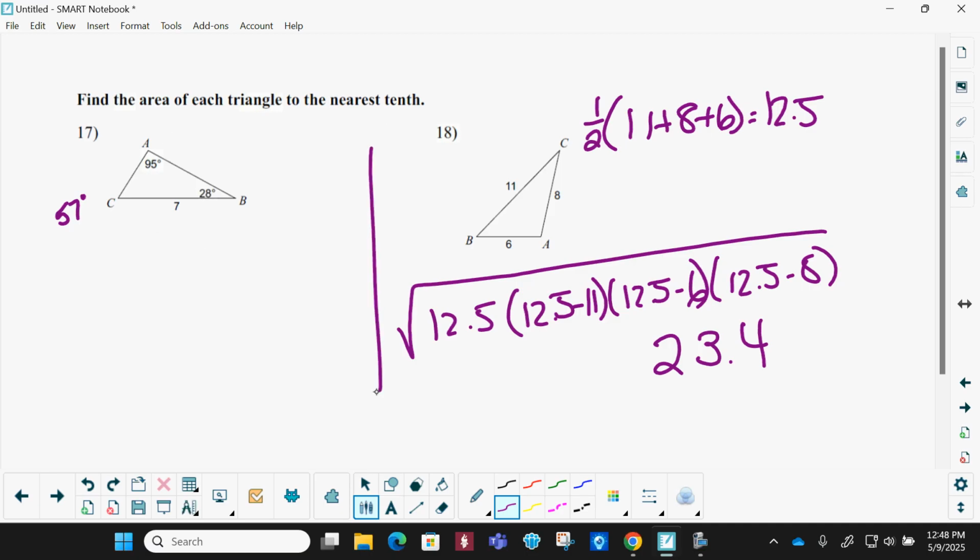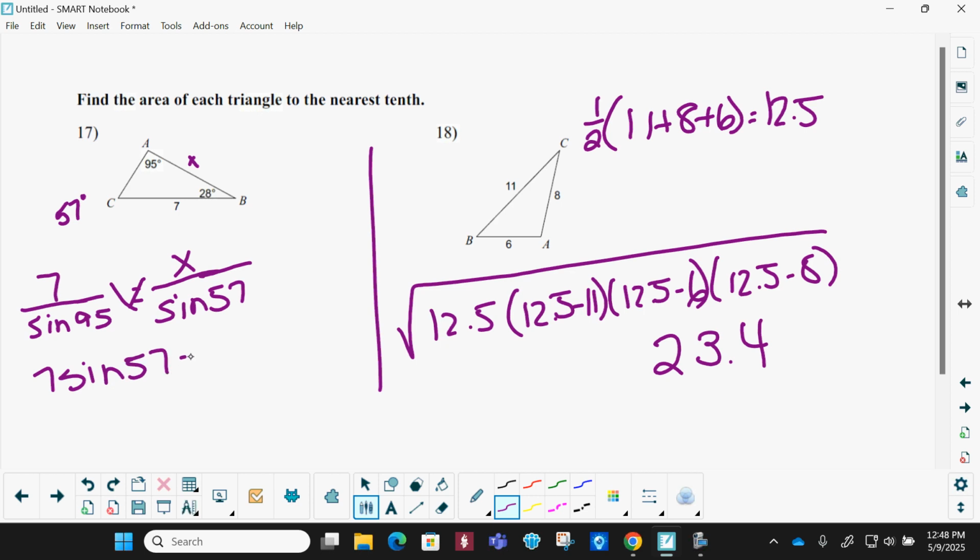So 7 over sine of 95 equals, I'm going to find this guy. This is the side I'm going to find. So x over sine of 57. Okay, cross multiply. So 7 sine of 57 equals x sine of 95. I'm going to divide by sine of 95.